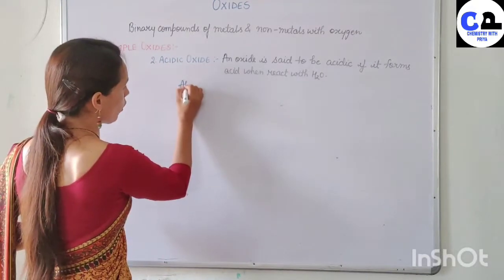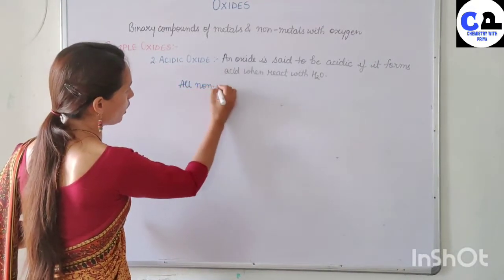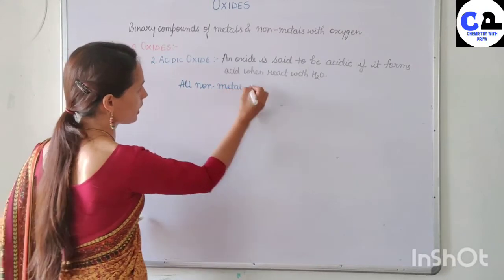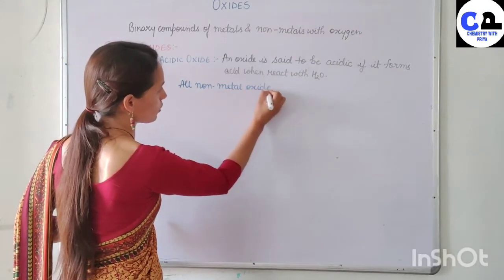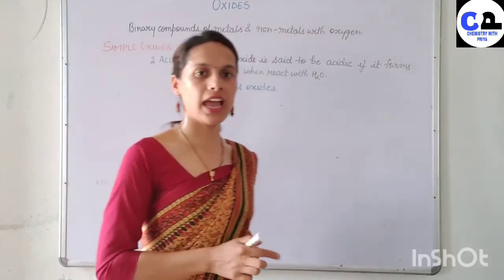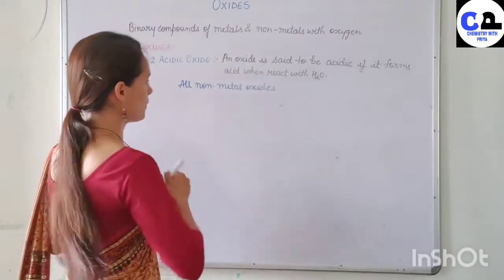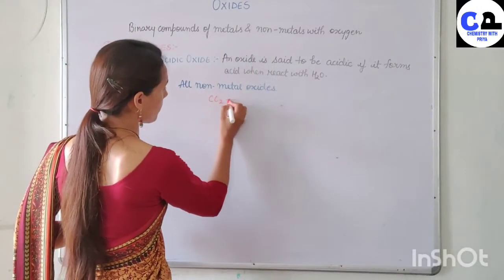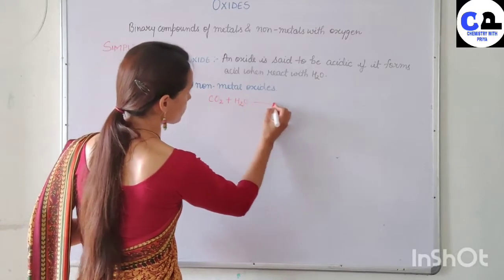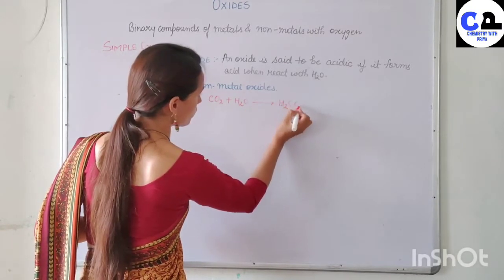Now, all non-metal oxides are acidic in nature. For example, CO2 plus H2O gives H2CO3.